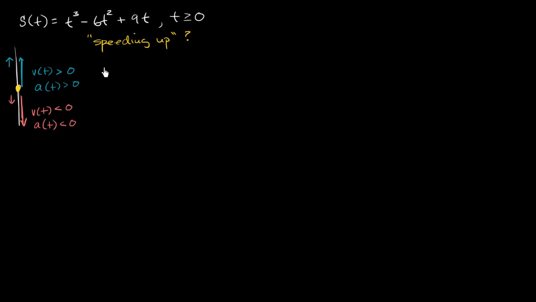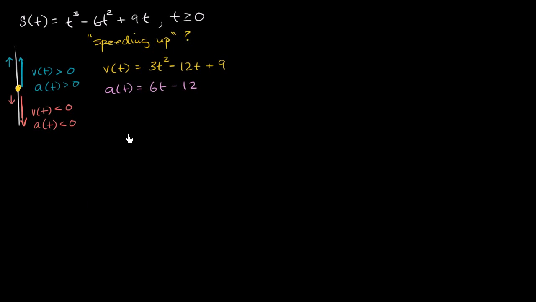Our velocity as a function of time, the derivative of t to the third power is 3t squared minus 12t plus 9. And our acceleration function is going to be the derivative of the velocity function with respect to time. So our acceleration function is going to be 6t minus 12.